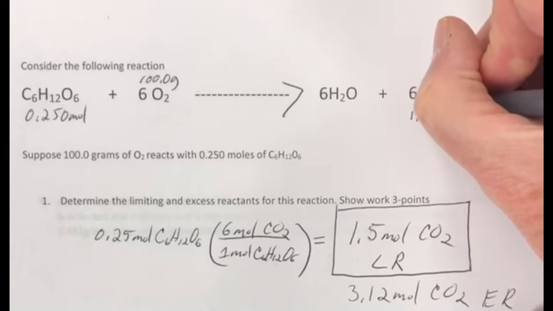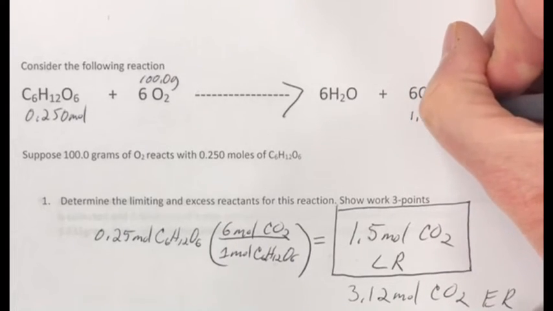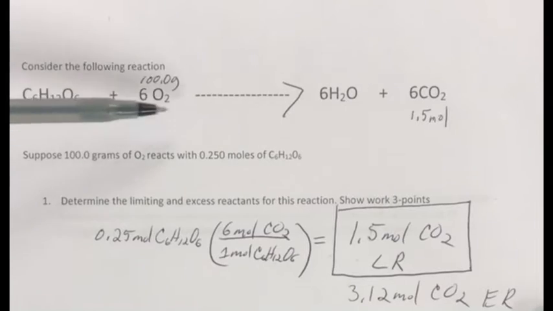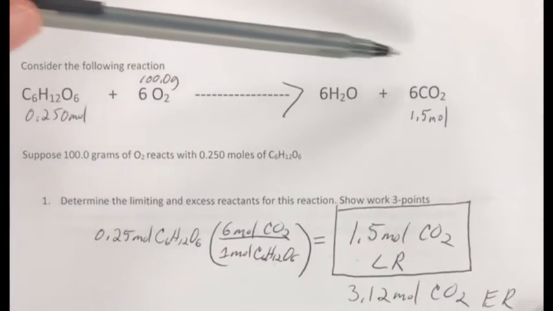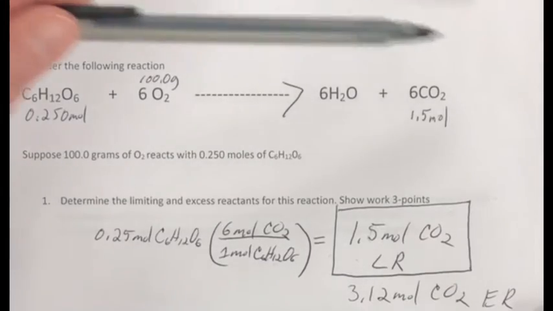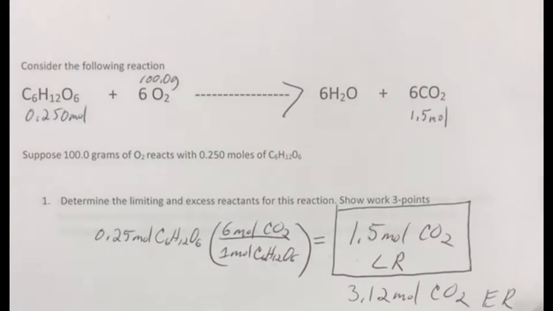Let's put our moles here. It's very useful, beneficial to put moles underneath, and let's put gram or kilogram quantities on top. Be systematic. Don't be mixing these up. Let's look at the stoichiometric relationships here.